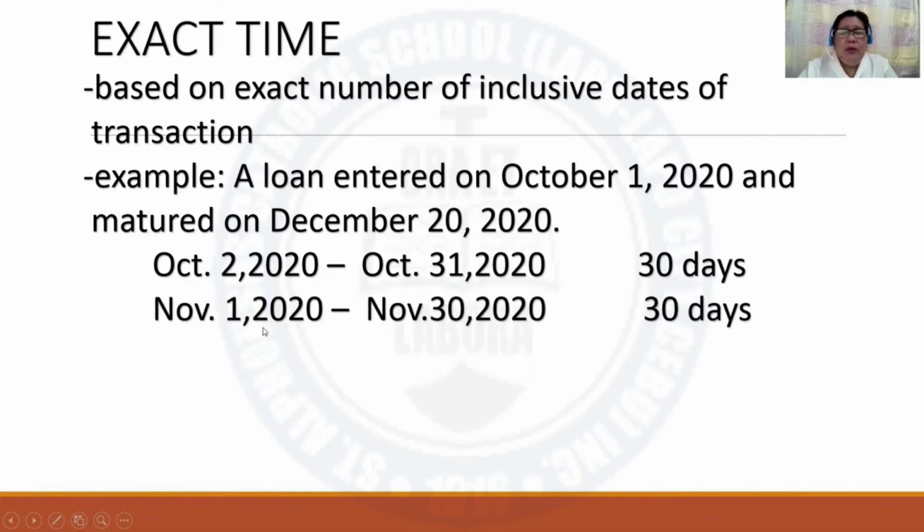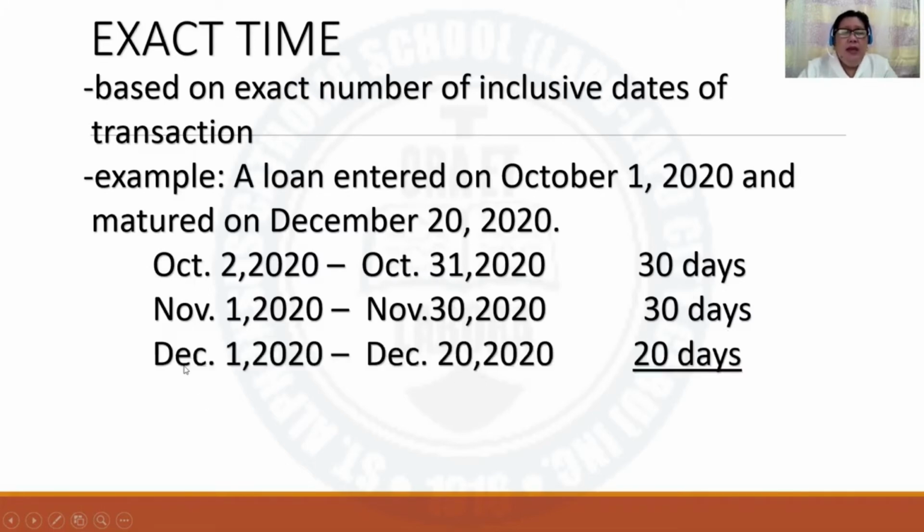And from November 1 to November 30, that is good for 30 days because there are only 30 days in November. And from December 1 to December 20, because the loan will mature on December 20, that is good only for 20 days. Having a total of 80 days. So, that is an example of an exact time.